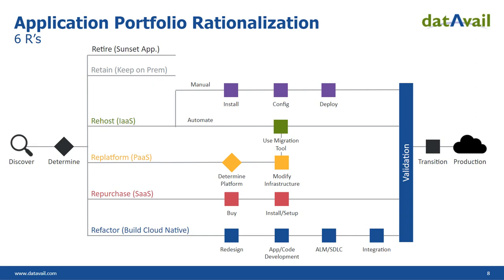The last four, rehost, replatform, repurchase, refactor, are, I think, the majority of the work, of course. Rehost is simple. You simply want to do a lift and shift, not looking for any modernization, not looking for platform as a service, but it's a quick way to get to the cloud. Replatforming, I like that because this is where you start to take benefit of the cloud.